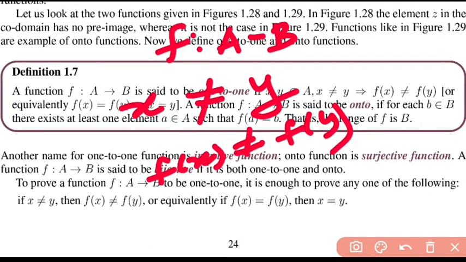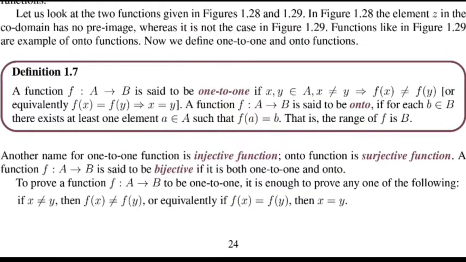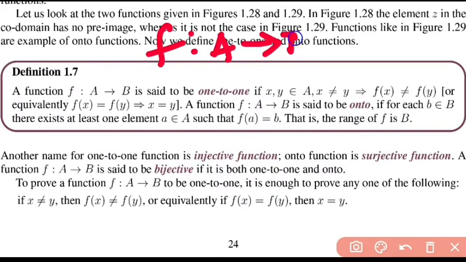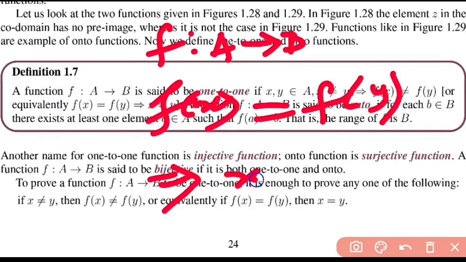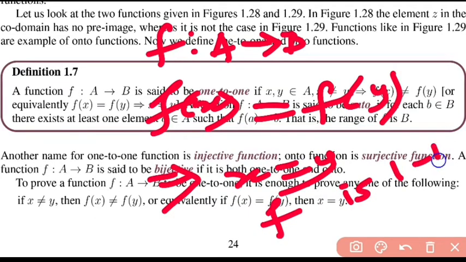Otherwise, same f from A to B, they gave f of x, then we assume that f of x equal to f of y, which implies that x equal to y, then f is a one-to-one function.